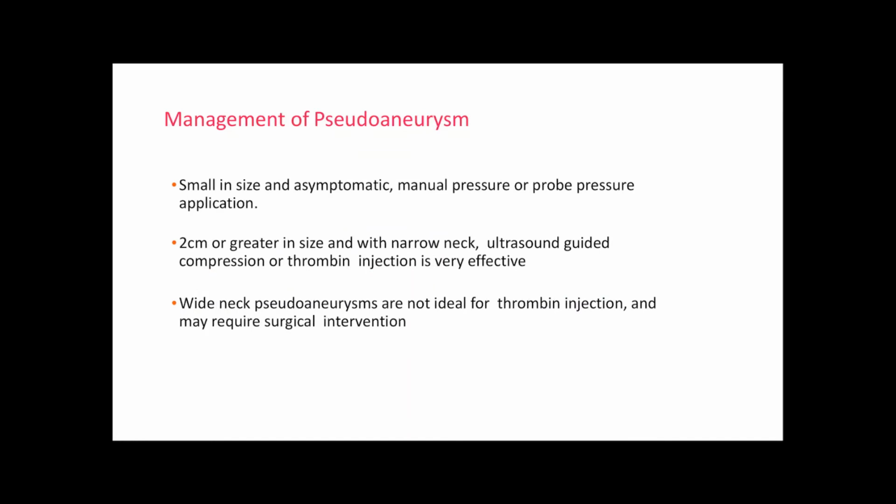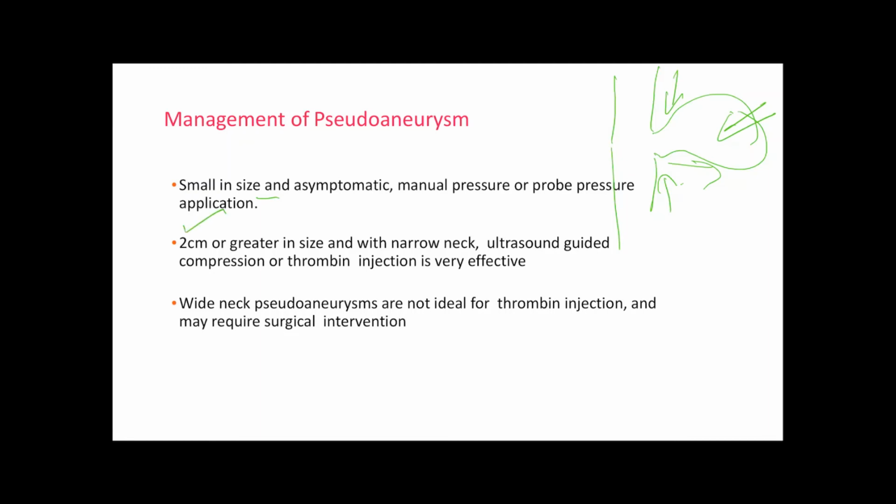So management of pseudoaneurysm, as I said, pseudoaneurysm happens when there is a rent in the artery and it bleeds into the adjacent tissue. If it is small size and asymptomatic, manual pressure or probe pressure directed at the neck of the pseudoaneurysm can really close it and result in thrombosis of the pseudoaneurysm.